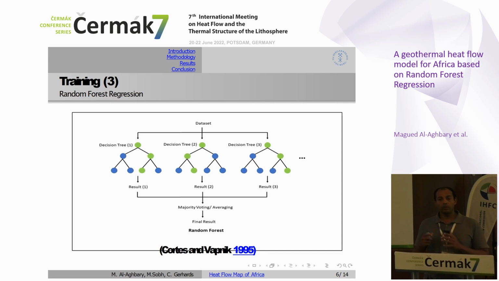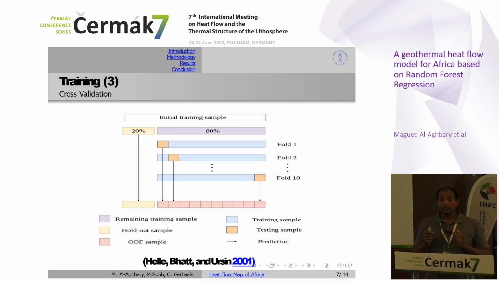And the word random comes from the fact that each tree will be fed with random data, either random features or random records. However, in order to build this model, before that, we need to set hyperparameters.